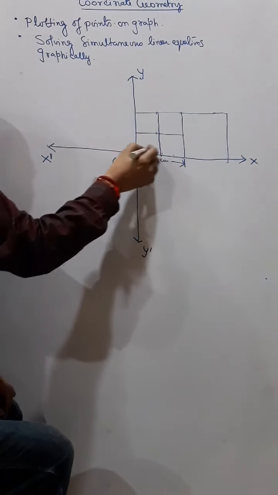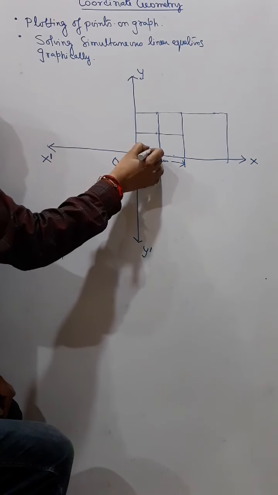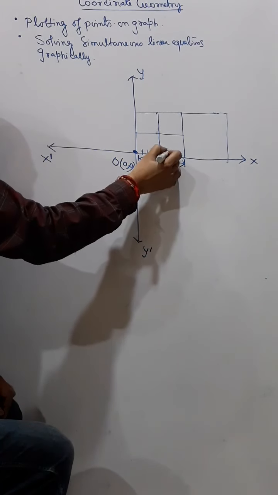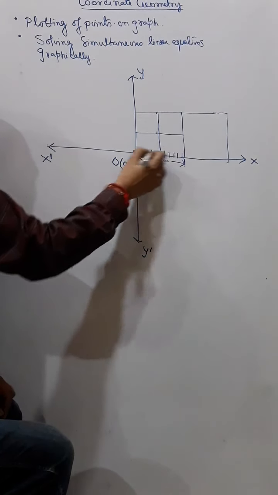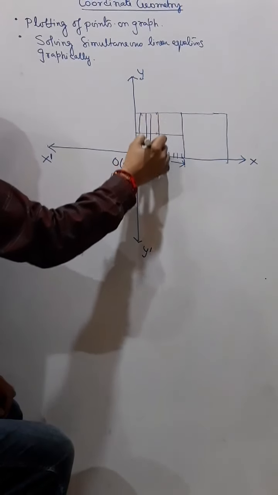And in this 1 centimeter you will find there are 5 boxes, 1, 2, 3, 4 and 5. So 1, 2, 3, 4, 5, again 1, 2, 3, 4, 5.